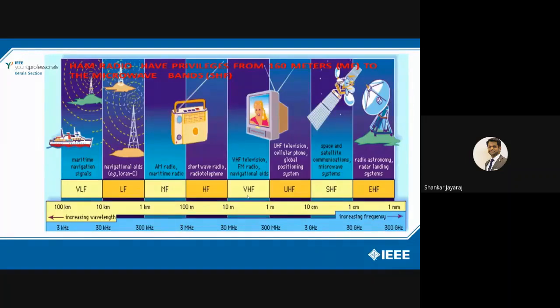So I am calling Abhijit, who has the call sign VU3 Oscar Sierra Victor. So first I will speak his call sign: VU3 OSV, Victor Uniform number 3 Oscar Sierra Victor.